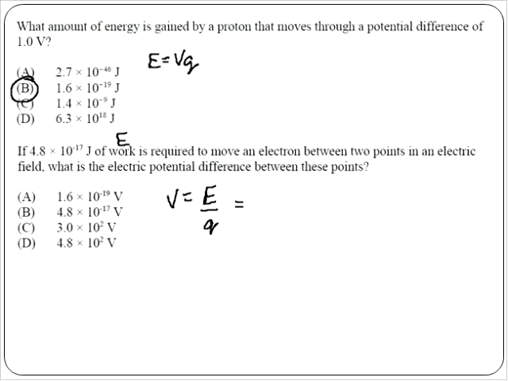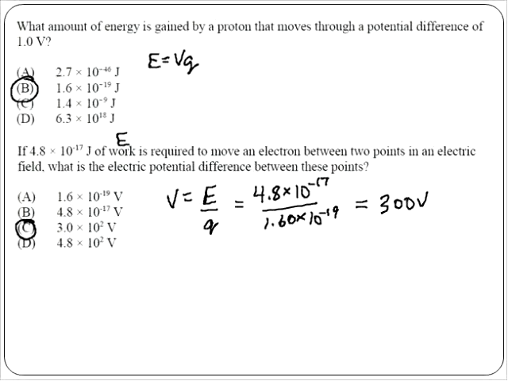And when you divide those two numbers, the 4.8 times 10 to the negative 17, divided by the charge on an electron, which is this, straight off the data sheet, the answer there is 300 volts. But it's not written like that in the answers. Again, they're using scientific notation, which is 3 times 10 to the 2. The answer is C.